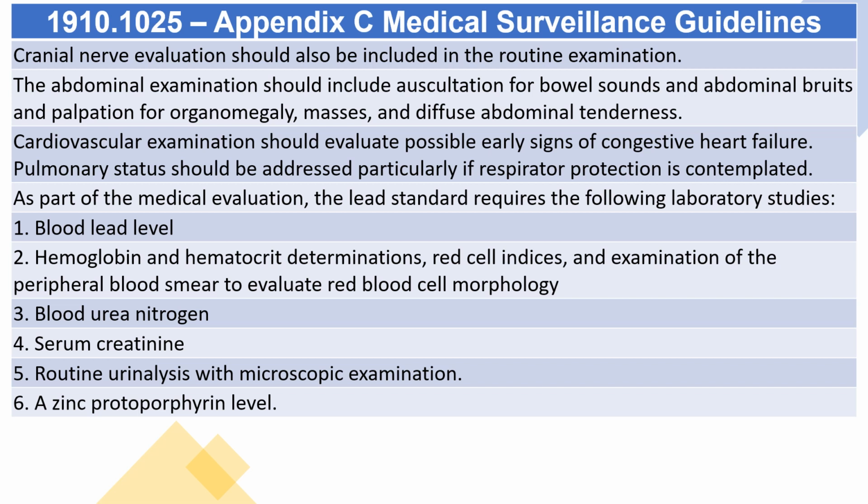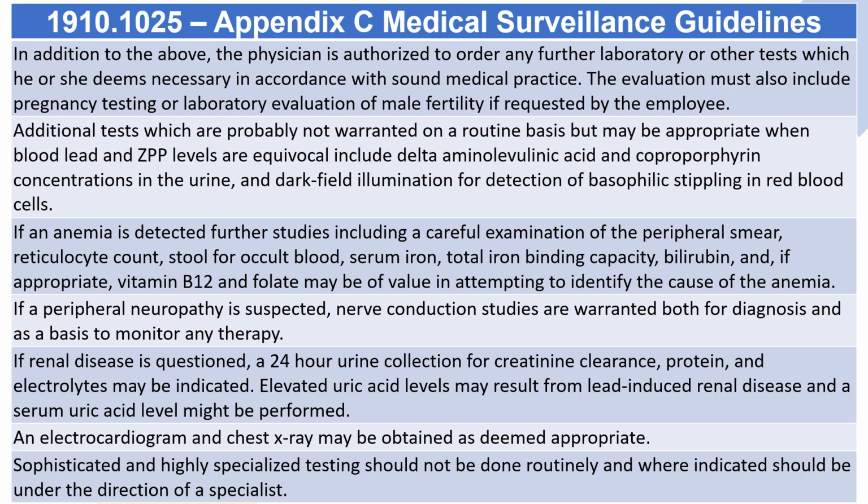Routine urinalysis with microscopic examination. 6. A zinc protoporphyrin level. In addition to the above, the physician is authorized to order any further laboratory or other tests which he or she deems necessary in accordance with sound medical practice. The evaluation must also include pregnancy testing or laboratory evaluation of male fertility if requested by the employee.